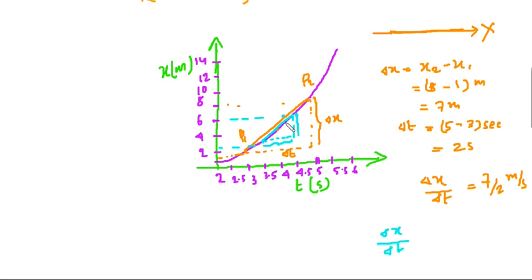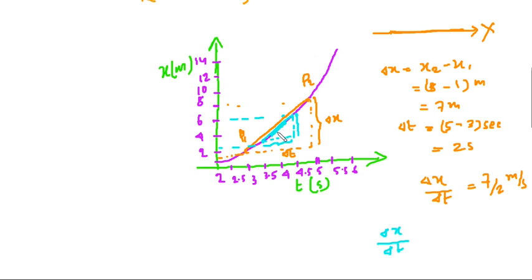If we take even closer points, it becomes almost a straight line. And if we keep making delta x smaller and smaller around 4 second, it becomes like a tangent to this curve, isn't it?